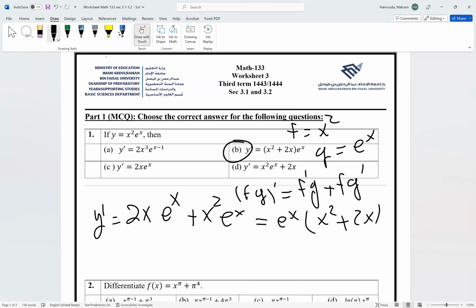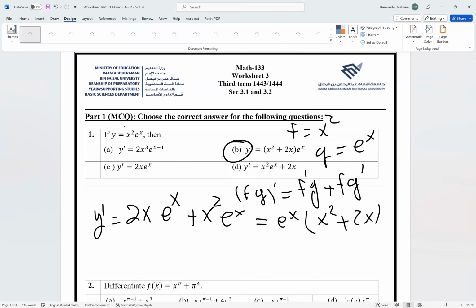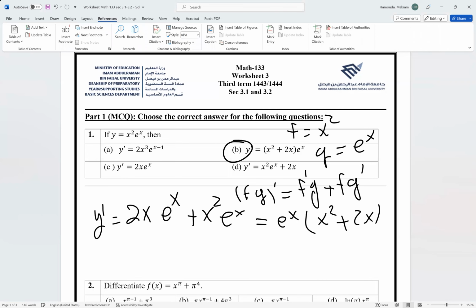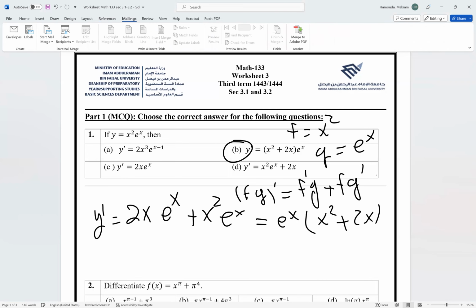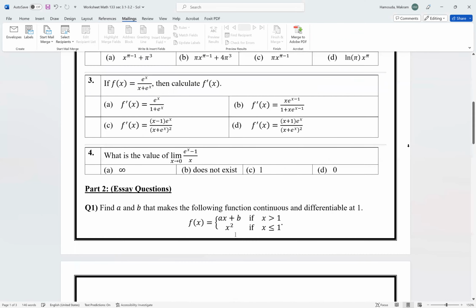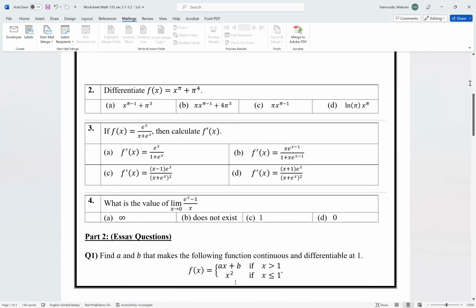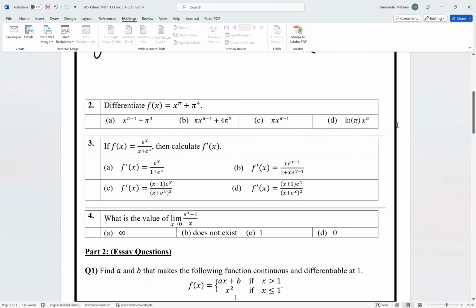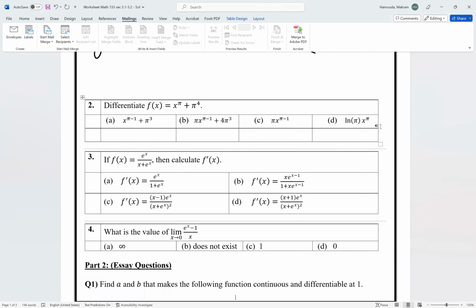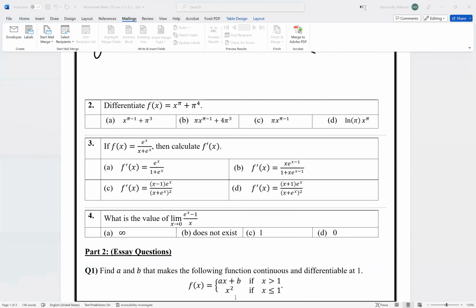Okay. Now the next MCQ question is about the function f of x equal to x power pi plus pi power 5.